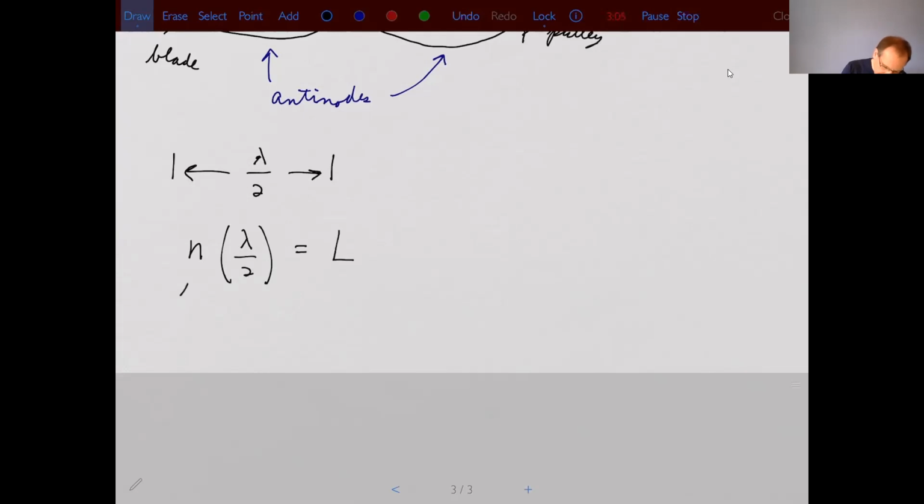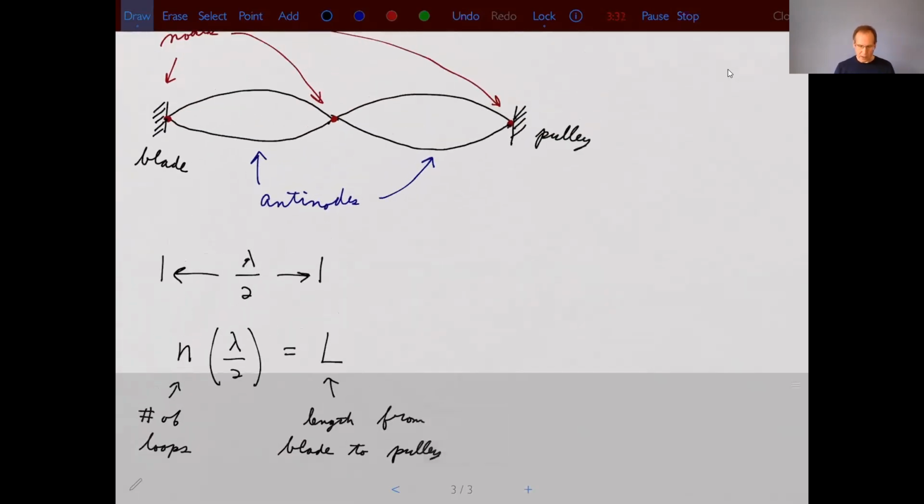So the n here is the number of loops, and the L is the length from the blade to pulley. If that condition is met, then I'm going to observe either 1 loop or 2 loops or 3 loops and so on. I'm going to observe an integer number of loops if that condition is met.